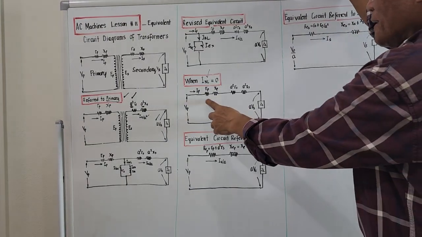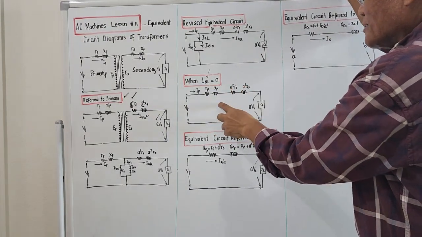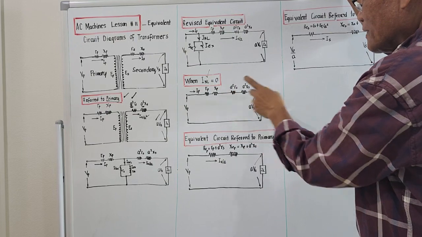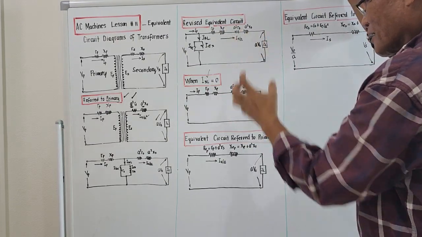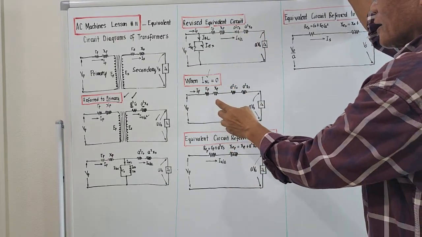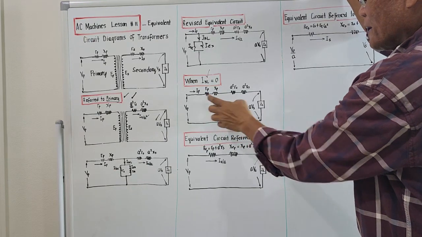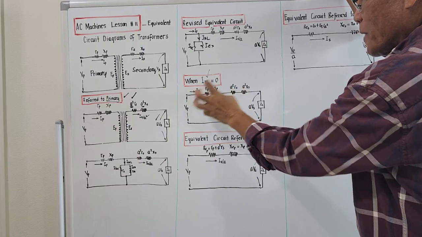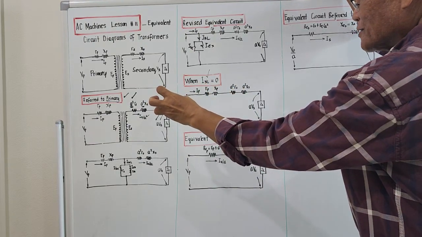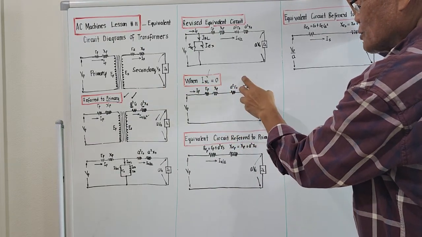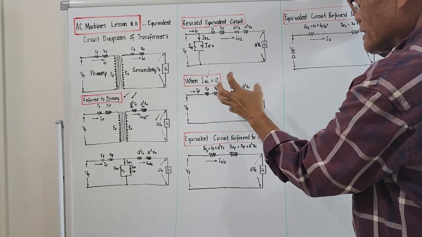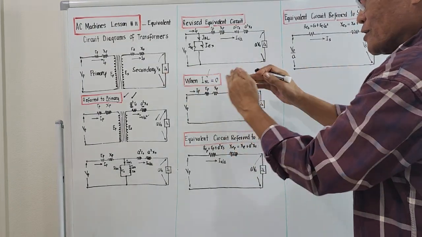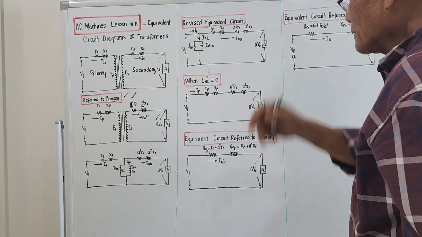This R sub P and A square R sub S are in series, and this X sub P and this A square X sub S are in series. Because we will just combine R sub P and this resistance as the real part of the impedance drop, and X sub P and A square X sub S we will combine as the imaginary part of the impedance drop.